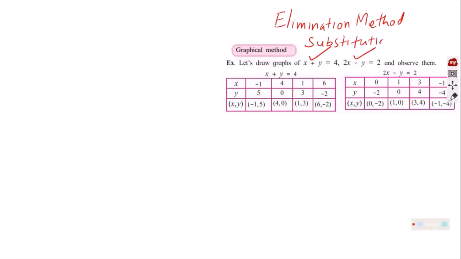We solved linear equations in 2 variables. The same equation we used, and we got the answer x is equal to 2, y is equal to 2. Those who have seen or studied the previous video know that. Now we are using the same equation in the graphical method.